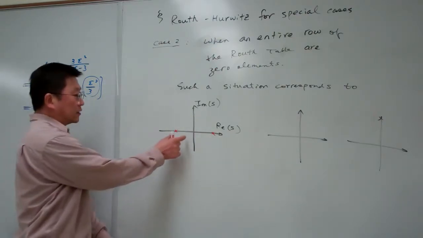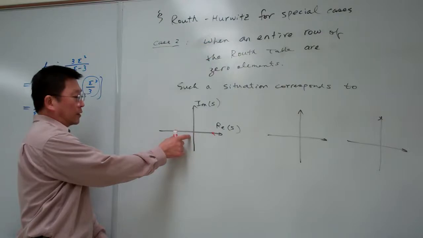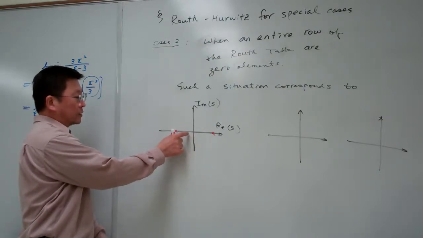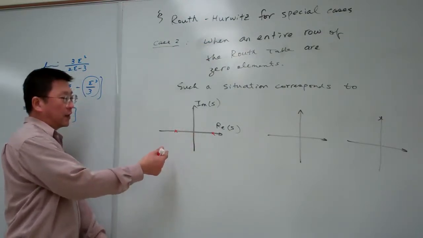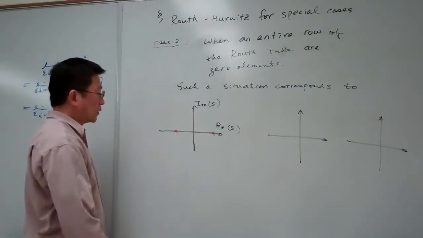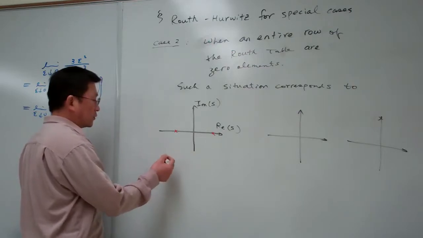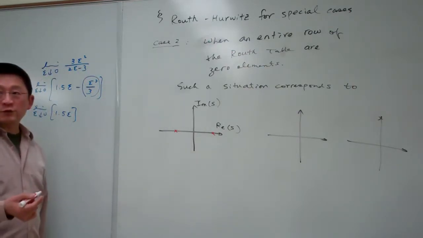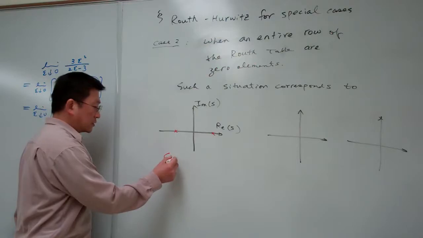For example, it has real roots, and one root is negative, one root is positive. So for example, this could be due to the characteristic equation containing factors something like this.